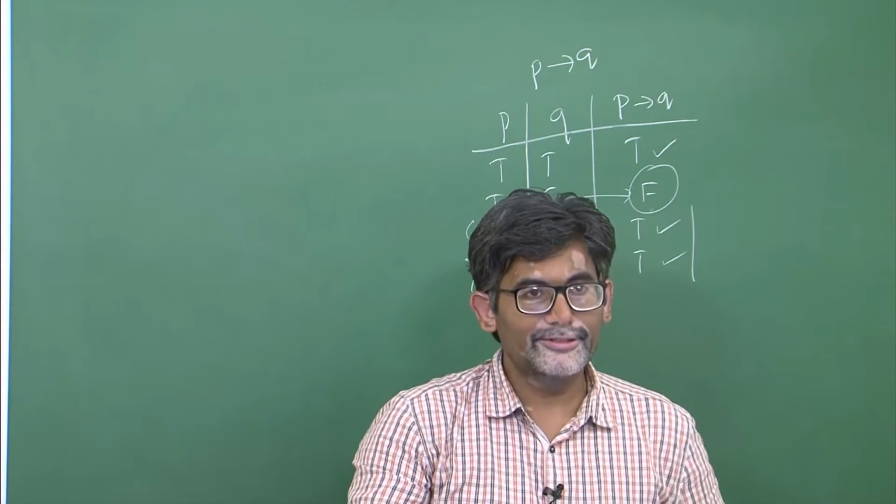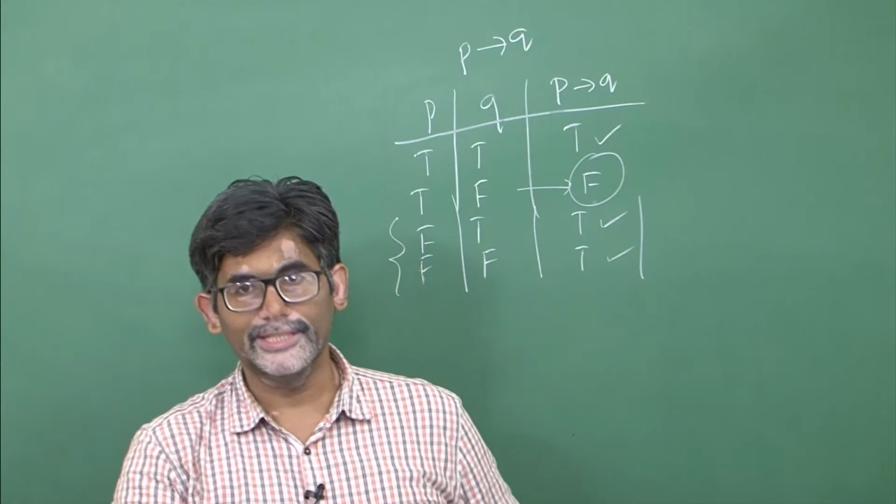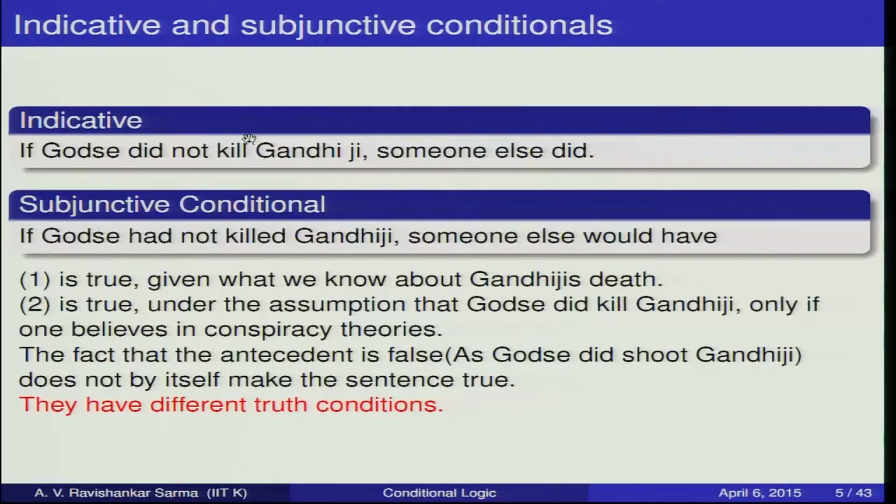It is not so easy when it comes to subjunctive conditionals, or a specific kind of subjunctive conditional called counterfactuals, where the antecedent is always false. If Godse had not killed Gandhiji, someone else would have. You imagine a situation where you have gone back in the past, and then you are trying to analyze this particular kind of conditional.